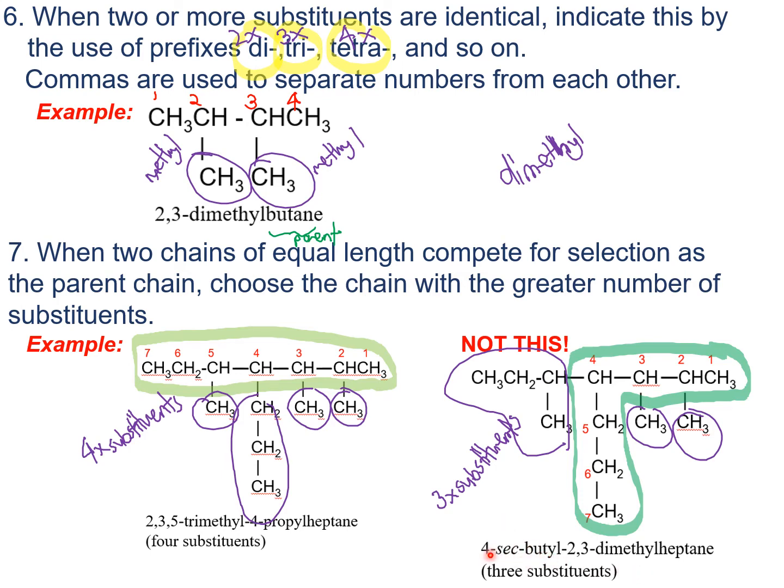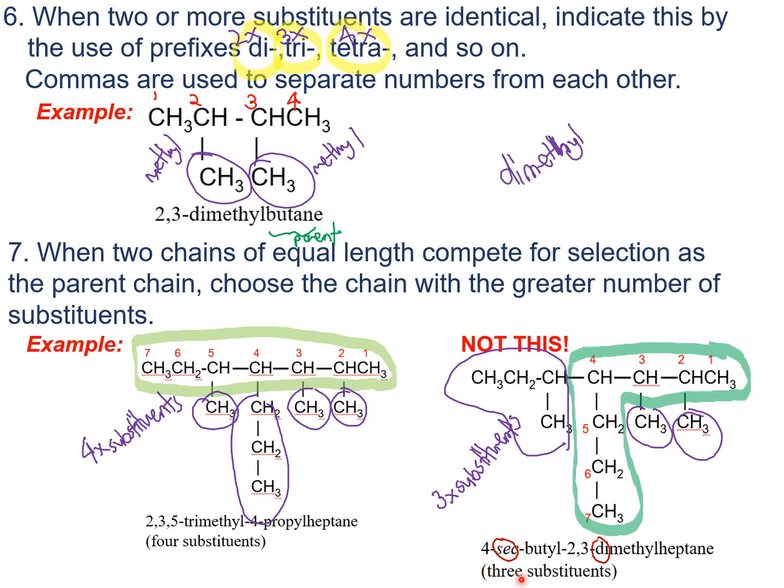For example, if you look at the naming here, you must be wondering, oh, this is dimethyl, this is sec-butyl, but why does sec, S, come before di? You must remember, prefixes like sec and di are not included in the alphabetical order.